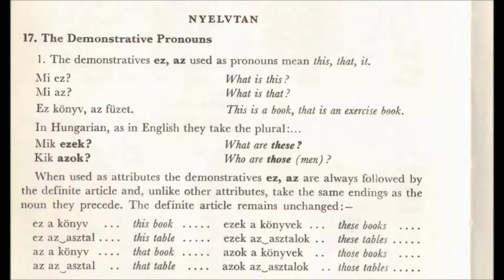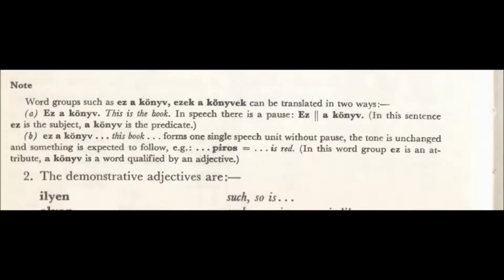So they use both the demonstrative pronoun and the definite article when they want to say this. Ez a könyv. Ez means this, it's the demonstrative pronoun, and a is the definite article. Ez a könyv. This book. And ilyen, such.